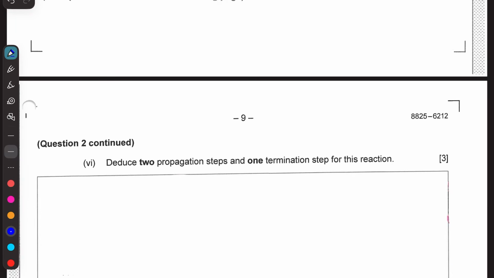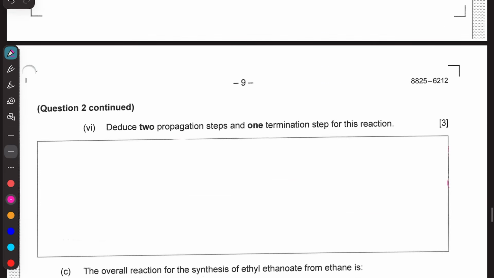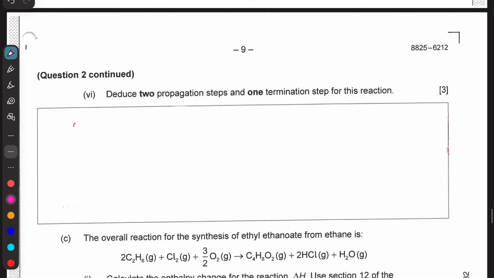Next, deduce two propagation steps and one termination step for this reaction. Propagation step is when this chlorine free radical reacts with the ethane molecule. So this is your chlorine free radical. These are the propagation steps. The first propagation step: chlorine free radical reacts with the ethane molecule.